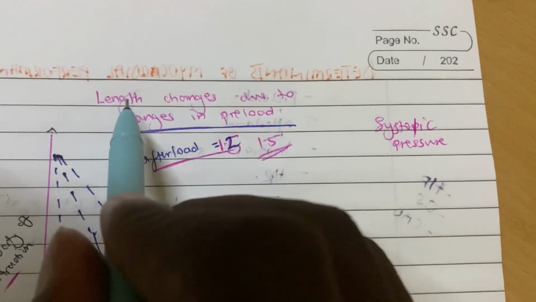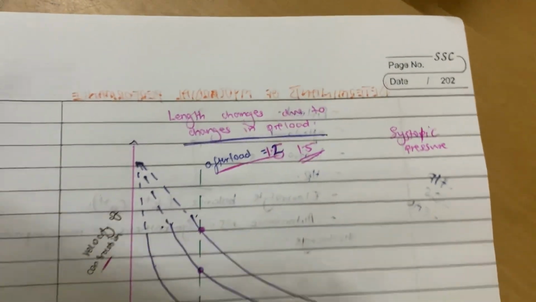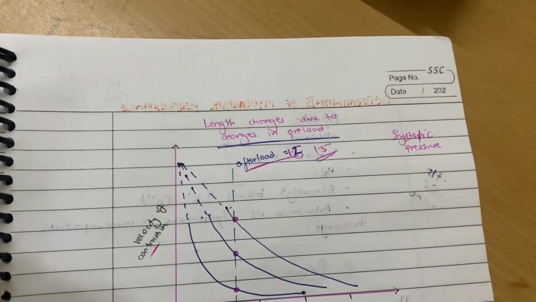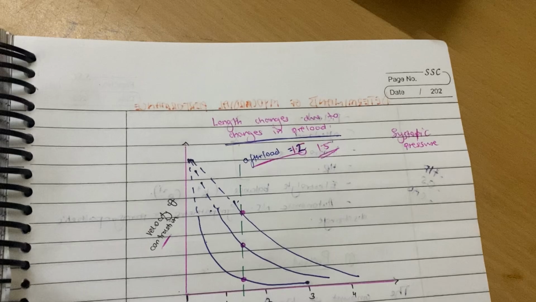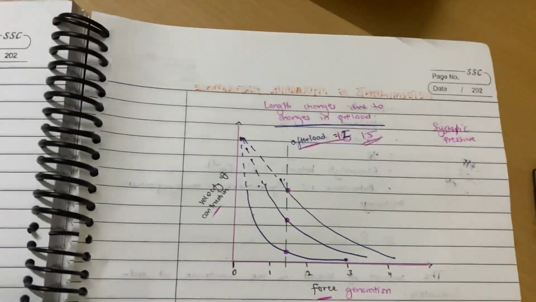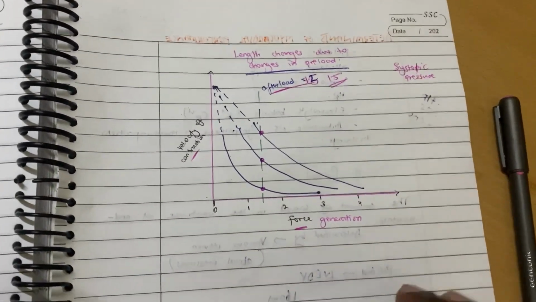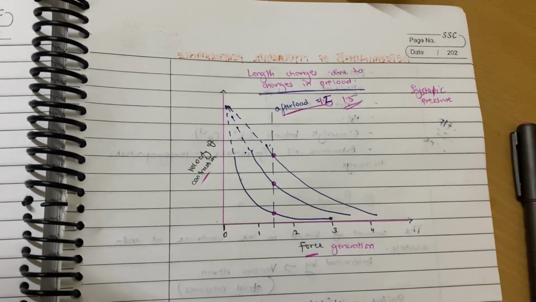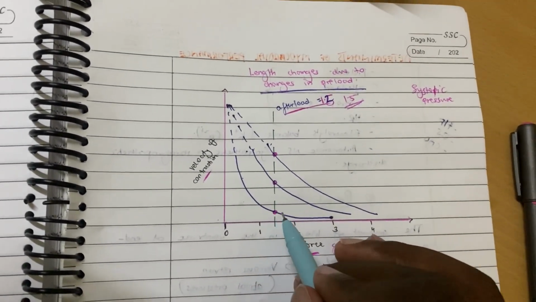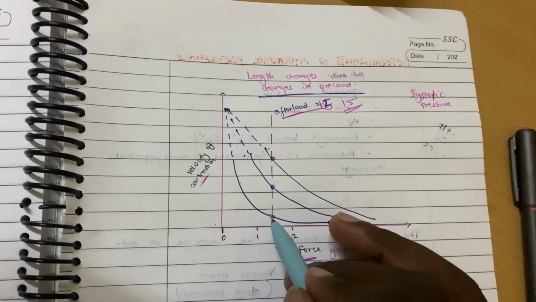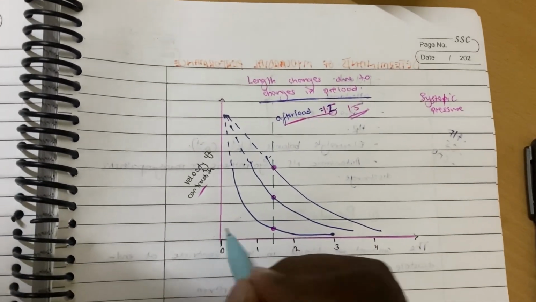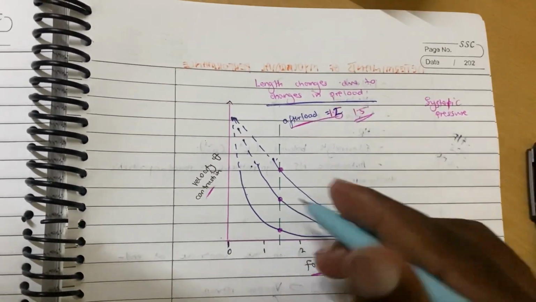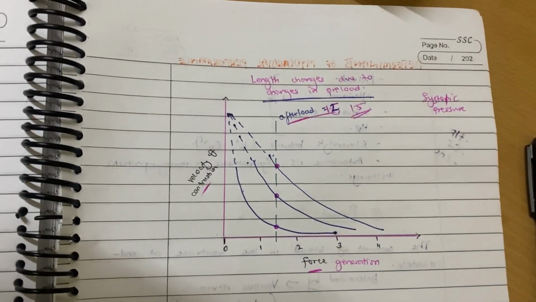If you fix the afterload at 1.5 and then alter the amount of blood that comes to the heart, this is what you're going to get. At a very short length, here we have fixed, these are three curves. So let's first label them.